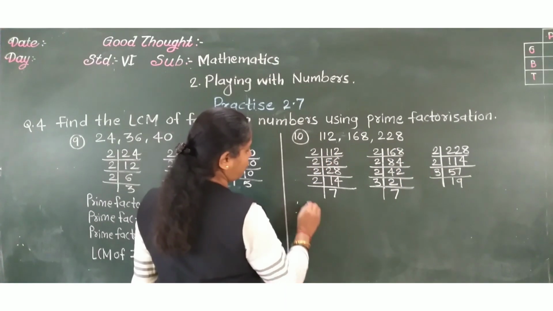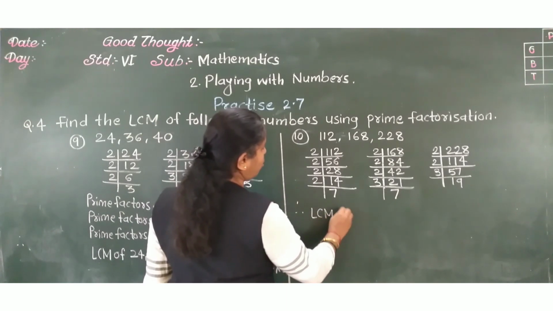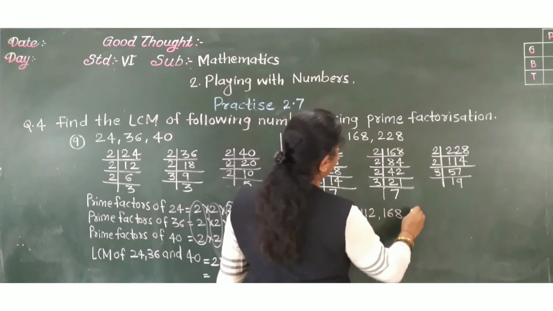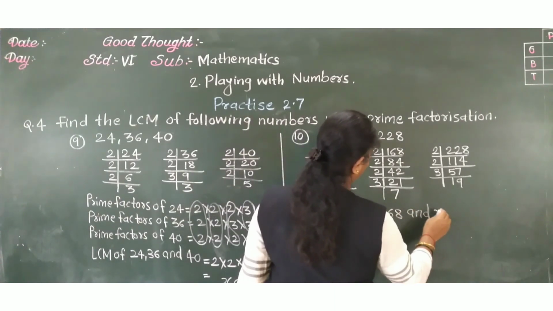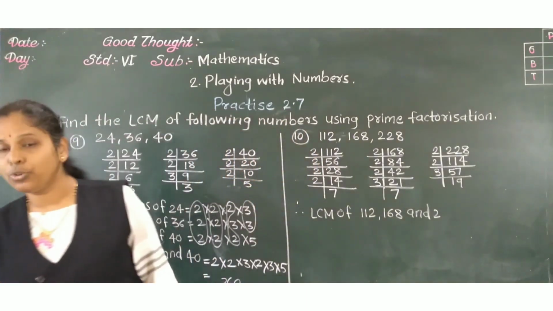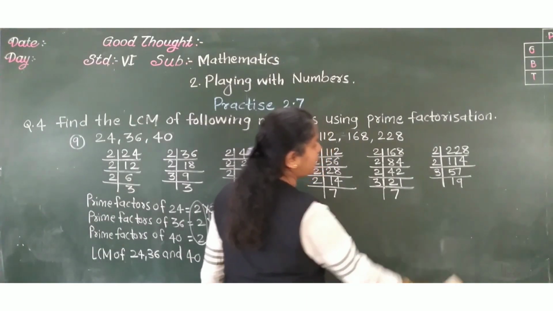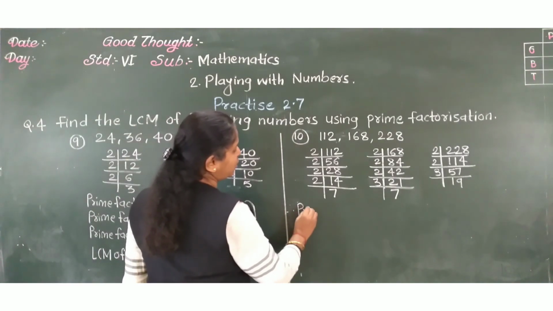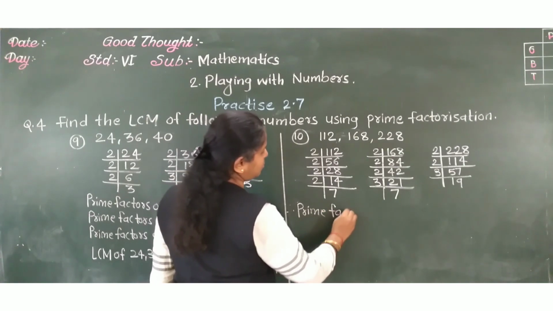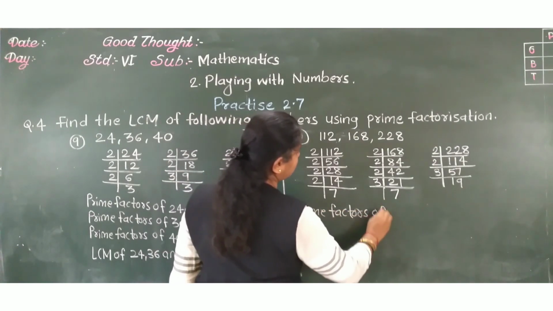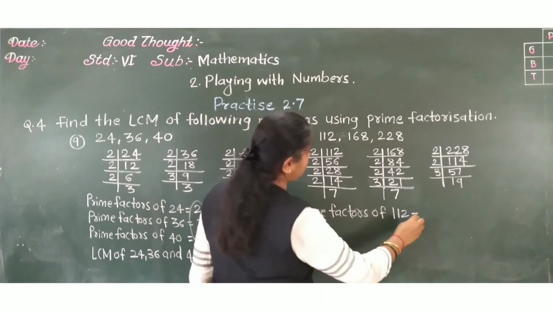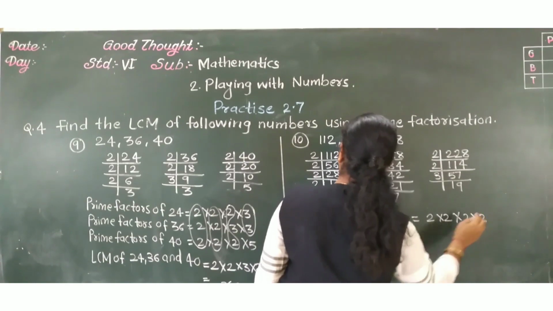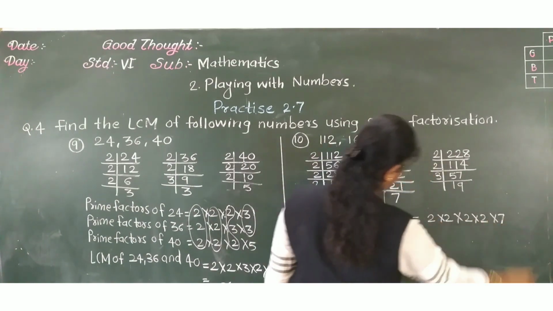Now, therefore, the LCM of 112, 168 and 228. Sorry, what we have to do first is write their prime factors. Therefore, the prime factors of 112 is equal to 2 into 2 into 2 into 2 into 7.